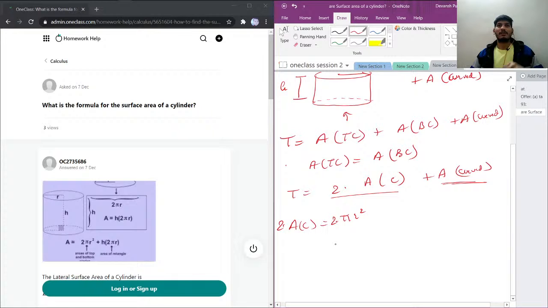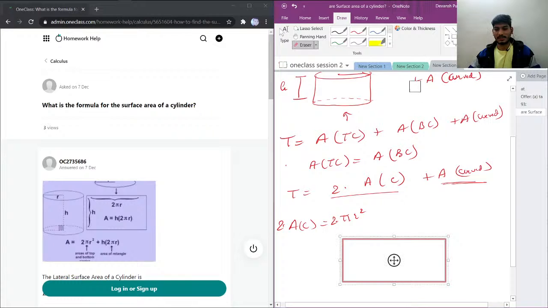If we open a cylinder, or cut it from one side, then this curved surface will convert into a rectangle. So I'll get a rectangle surface.